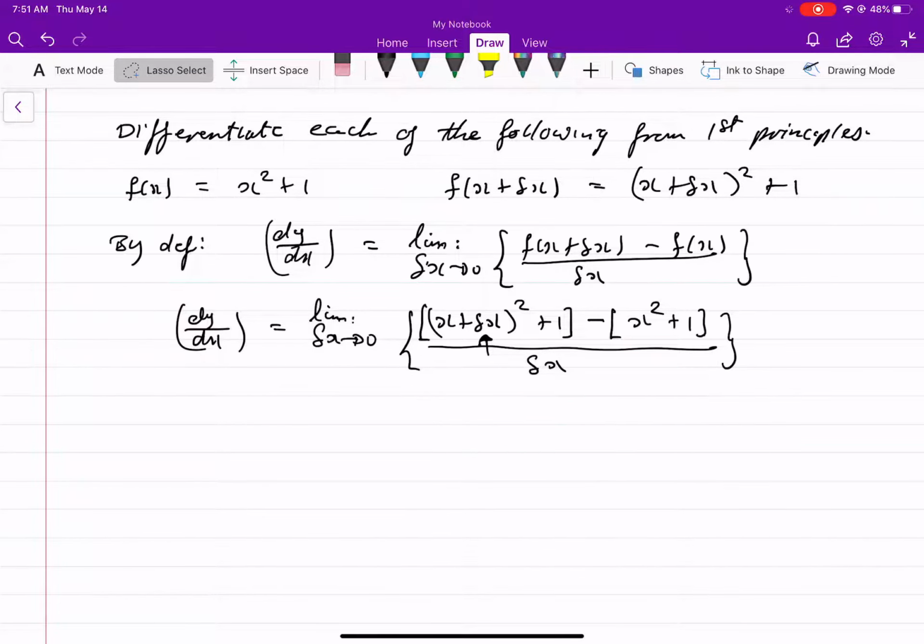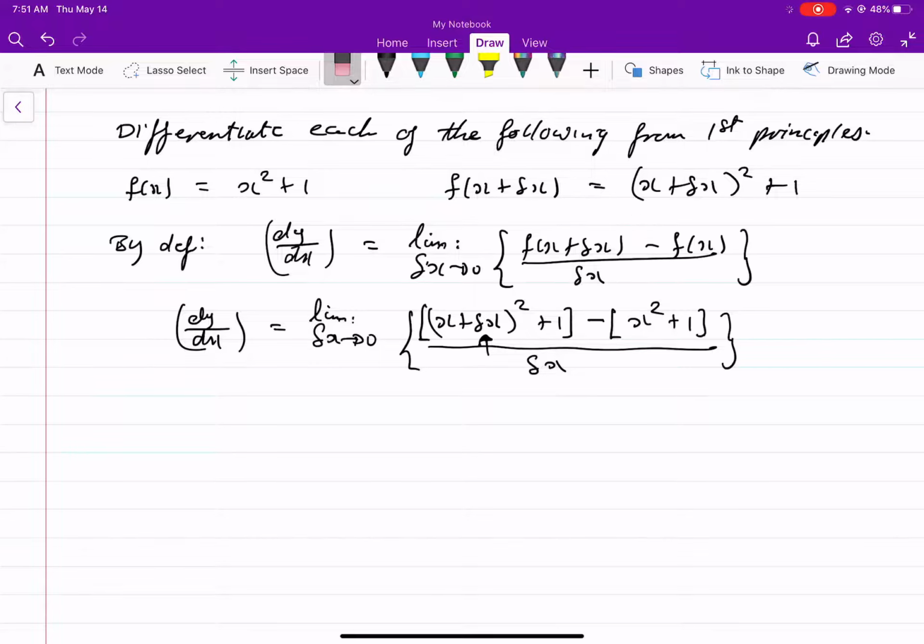So generally speaking, for the differentiation from first principles, when I plug in directly for f of x plus delta x minus f of x upon delta x, if you plug in delta x equals 0, you'll get f of x minus f of x in the numerator, which is 0, and the delta x equals 0 in the denominator as well. So you will always get 0 upon 0 whenever you plug in directly into this formula. Always, without fail.